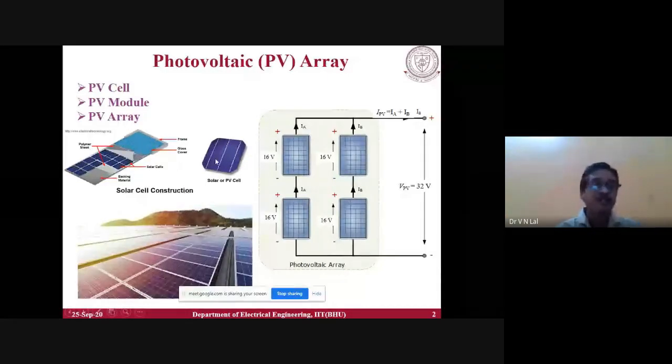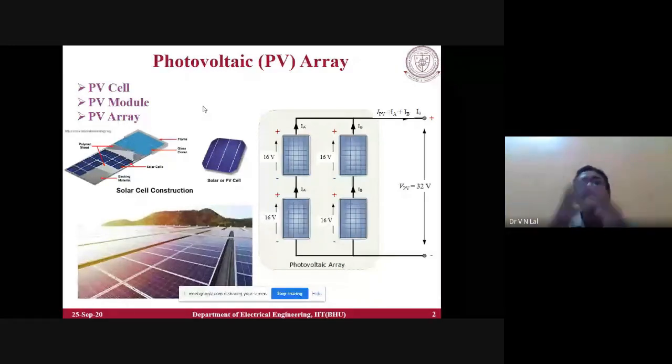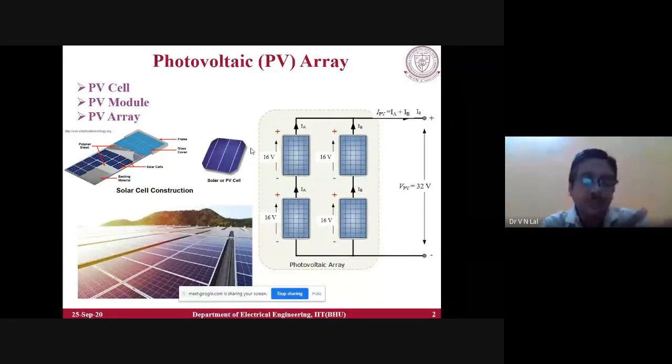Solar cells are connected in series. A solar cell is basically a type of PN junction which is different from the normal PN junction diode.